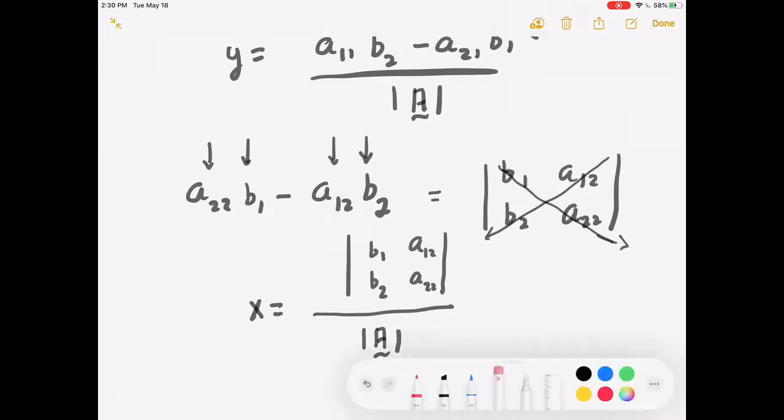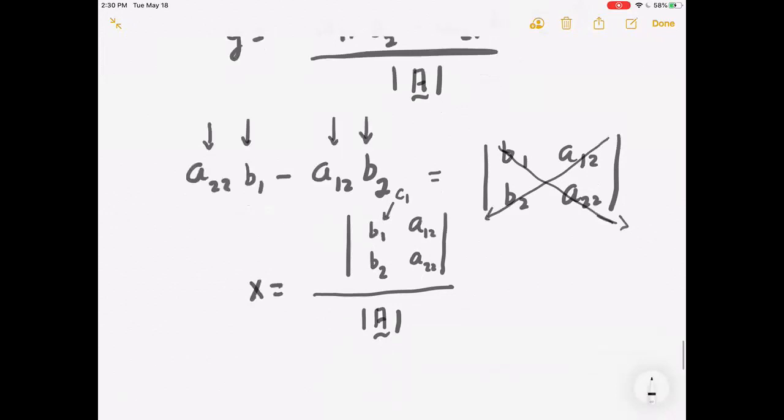So here is what would be column 1. What should be there is A11 and A21, but you replace those, that's the first column, you replace the first column by the B1s and B2s.